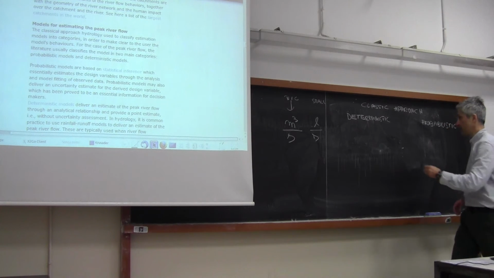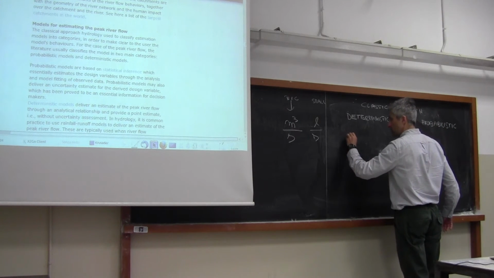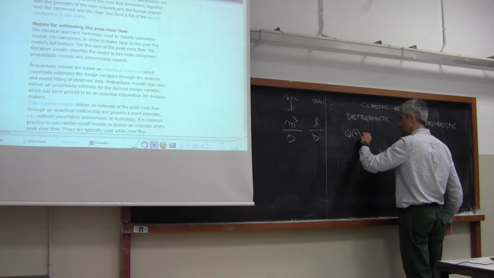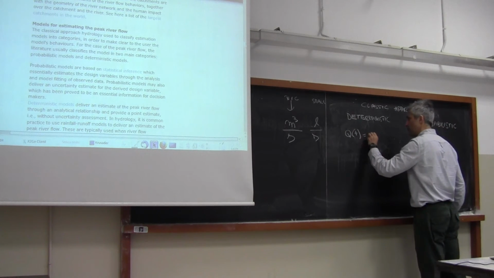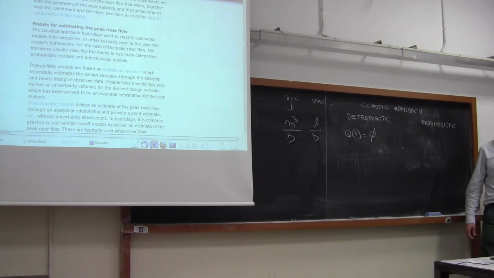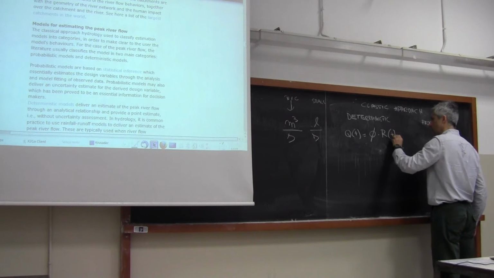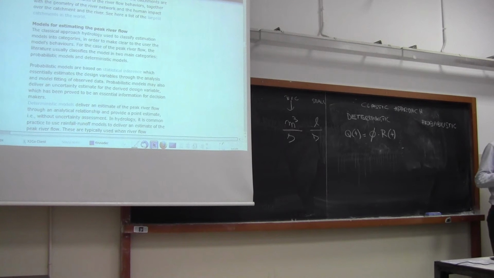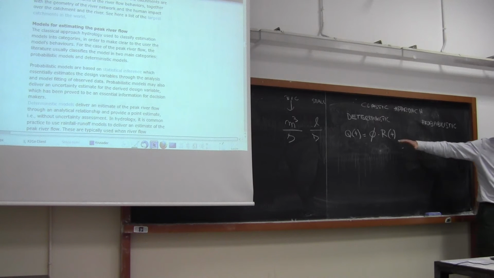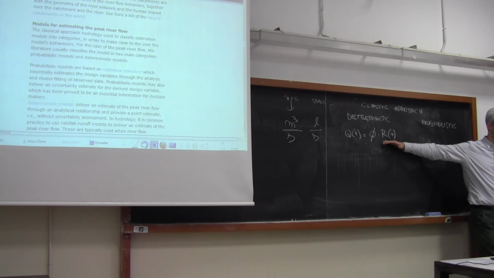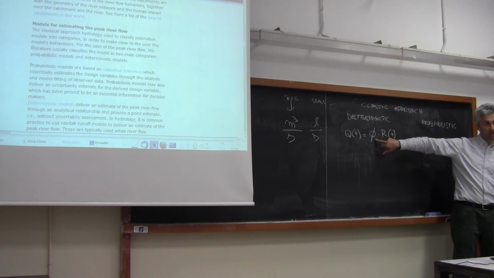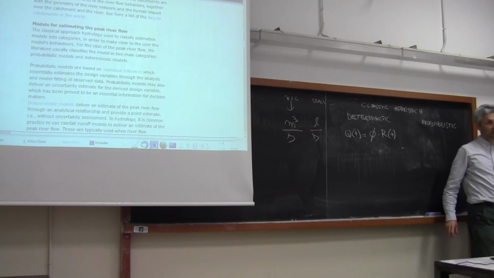So if I say that, for instance, Qt is equal to a coefficient phi times a rainfall over the catchment at the same time, this is deterministic, because if I fix rainfall, so if I fix the input and phi is constant and given, I get a unique output.